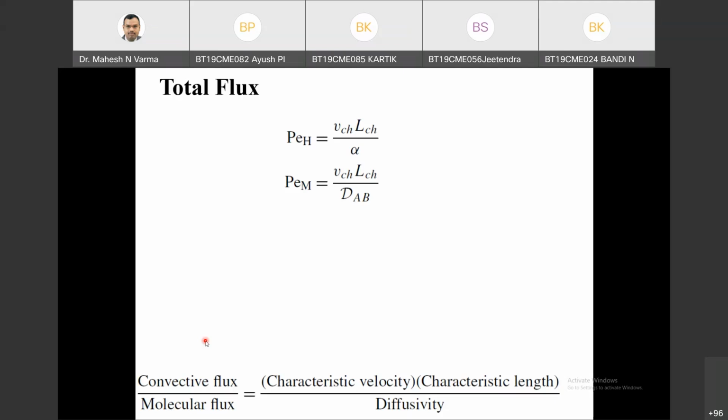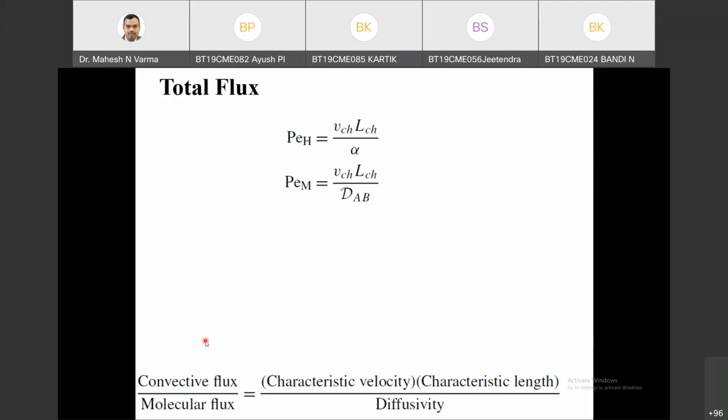Very good. Then a higher value of the Peclet number represents? Sir, in comparison to conduction, the convection is more. Have you heard of any other dimensionless number which is defined as the ratio of convective flux to molecular flux?